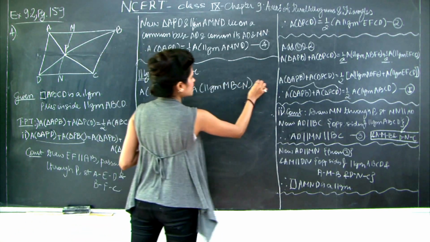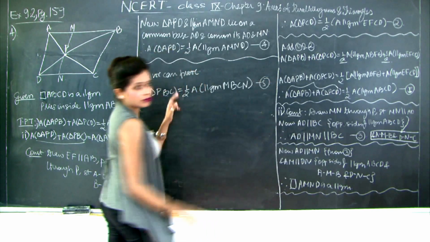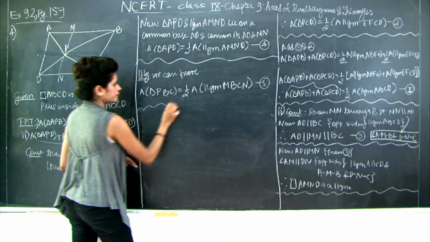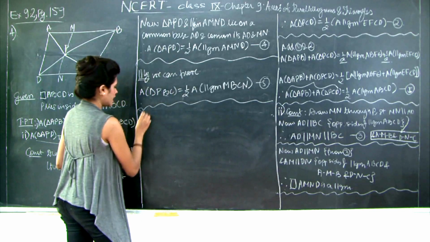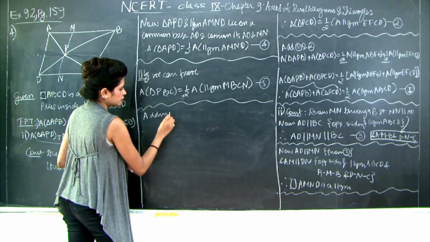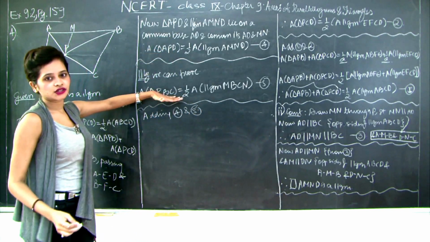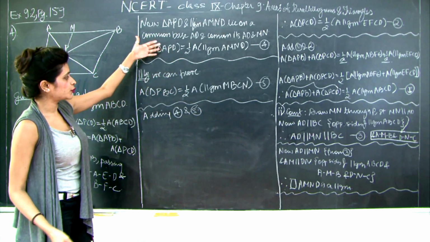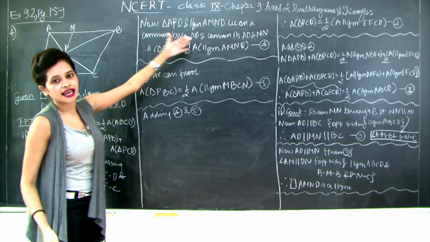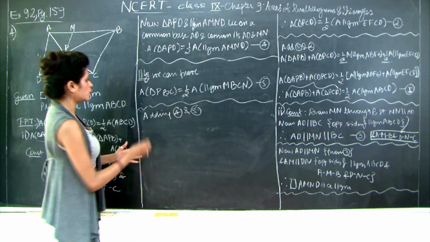Correct? I'll mark this as 5. So let's add 4 and 5. When equals are added to equals, the wholes are equal. So I'm going to add my left hand side with the left hand side and the right hand side with the right hand side. What do I get?